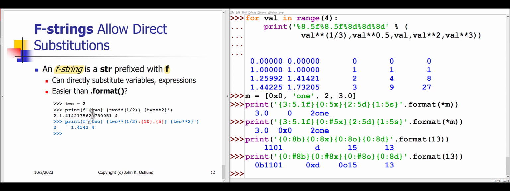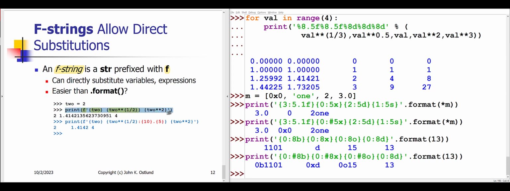All right, so here's my F string. And in an F string, I can simply access variables by name. So I've got a variable here called TWO that has a value 2. And I can access the variable. I can actually do a computation involving the value of the variable, etc.